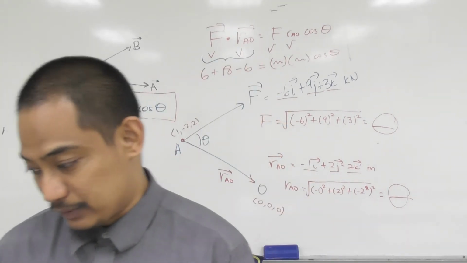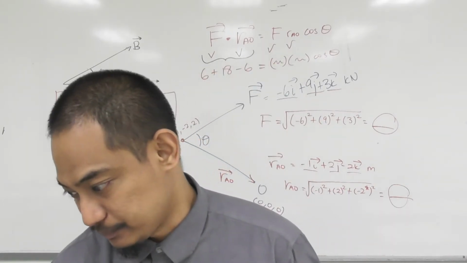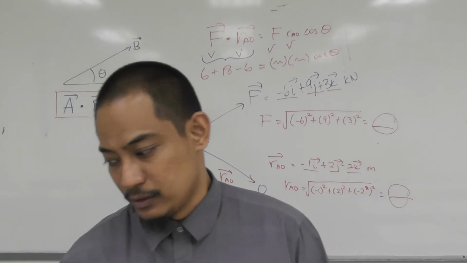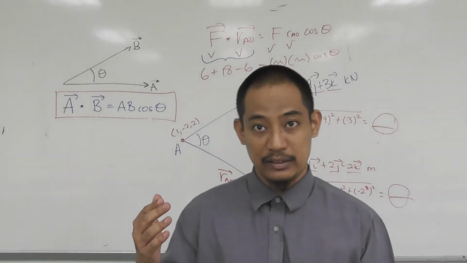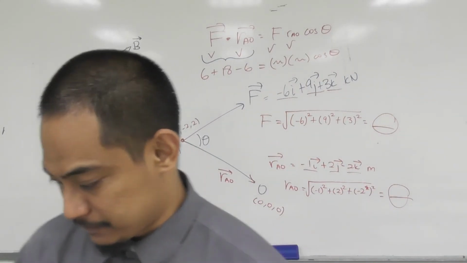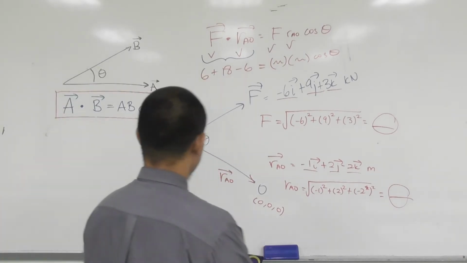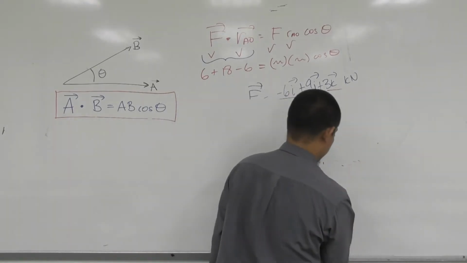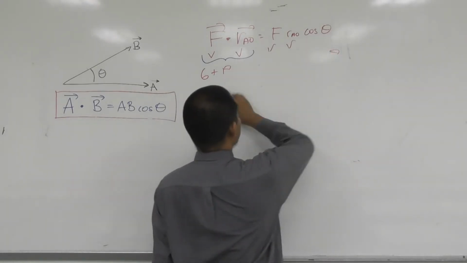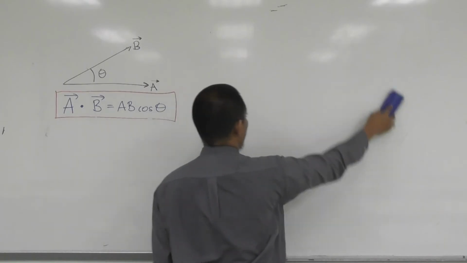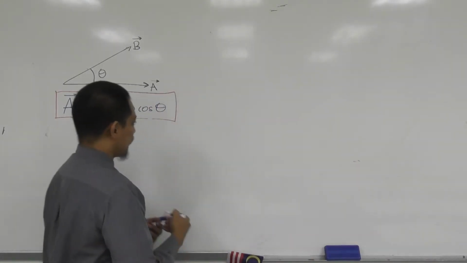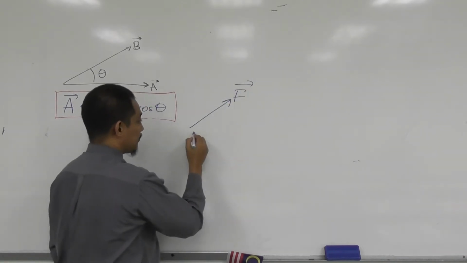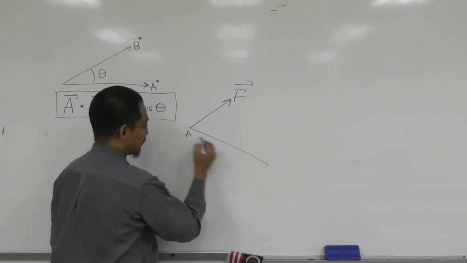Alright, now the second part, which is what is the projection of the force along the line AO, or the blue line, right? So what's that all about? That is the second part, which is you have the force already, F, and then you have the line AO there, right?